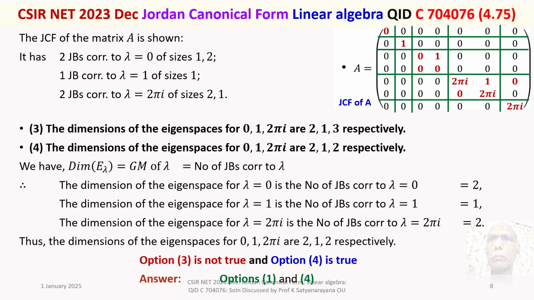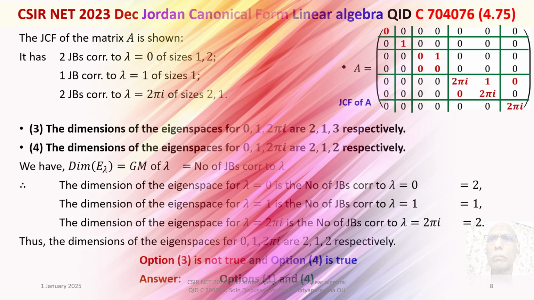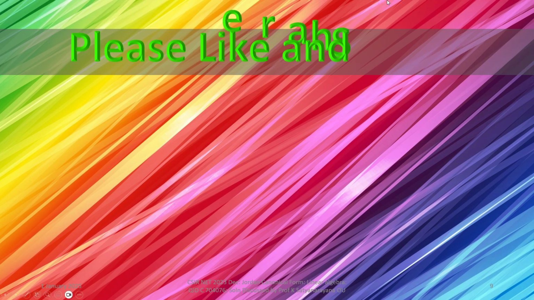My advice is you prepare a very good notes on Jordan canonical form, its properties, and so on and so forth. That will help you in the forthcoming examination. With these few words, I am sure that you have understood the solution of this problem.